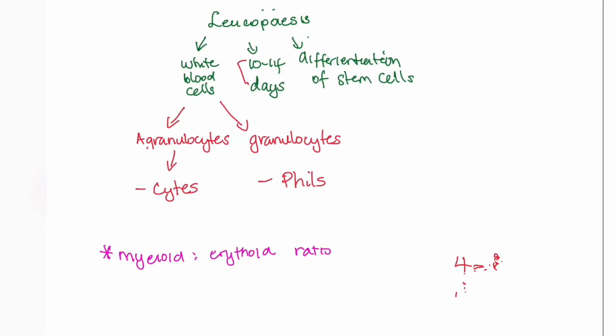Therefore, the myeloid to erythroid ratio, that is the precursors of white blood cells to those of red blood cells, will be greater for white blood cells due to the longer time. But there will be more red blood cells than white blood cells because it takes a shorter time to produce your red blood cells.